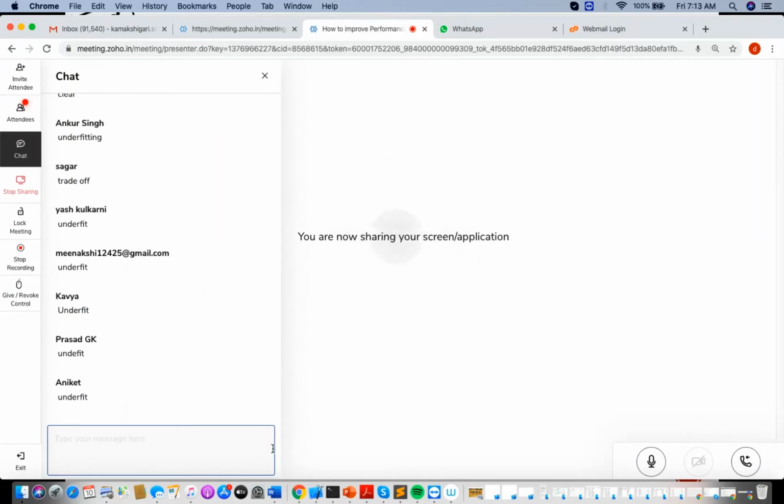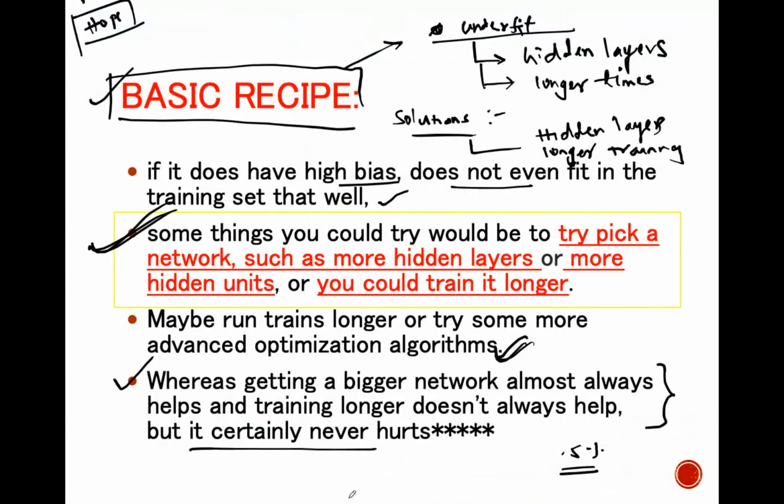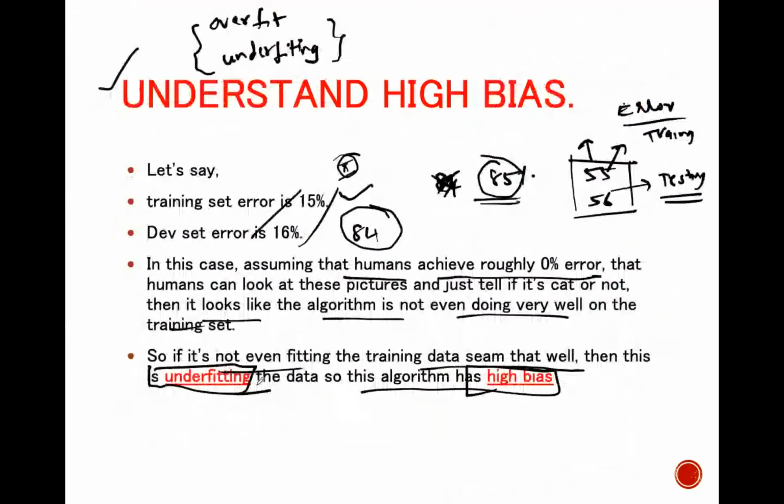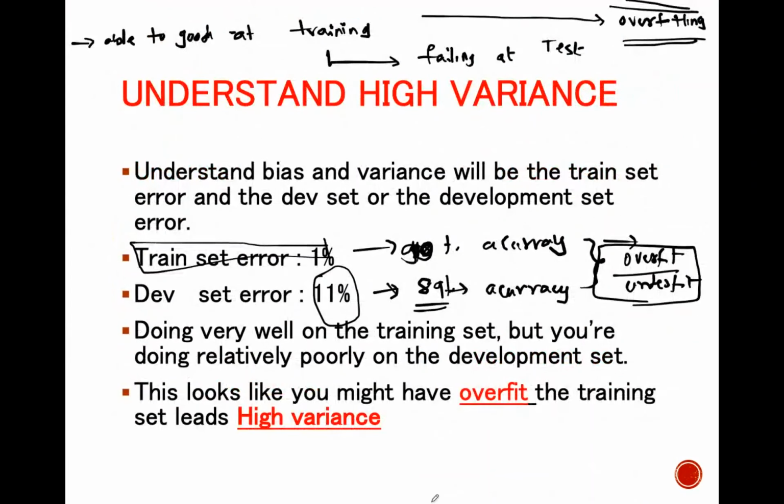What is the basic thumb rule? For underfit, you add layers and train more. Now, what is high variance? High variance is overfit.